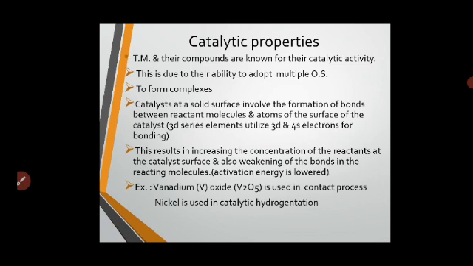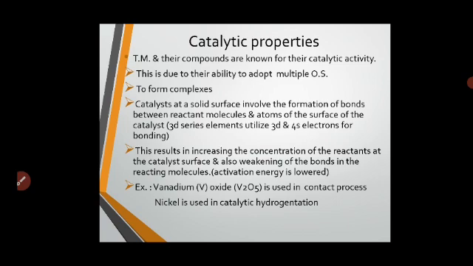Now, what happens when we use as a catalyst a solid surface which has peaks? These peaks give more space to form bonds between reactant molecules and atoms of the surface of the catalyst, and this results in an increased concentration of reactants at the catalyst surface.